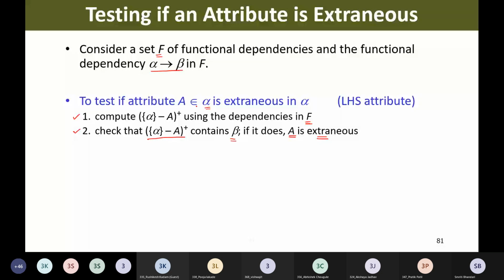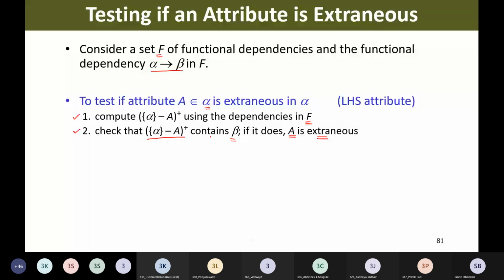If yes, then we can declare that A is extra, meaning even though we remove that attribute from my left hand side, my left hand side can infer the right hand side of the functional dependency, right?